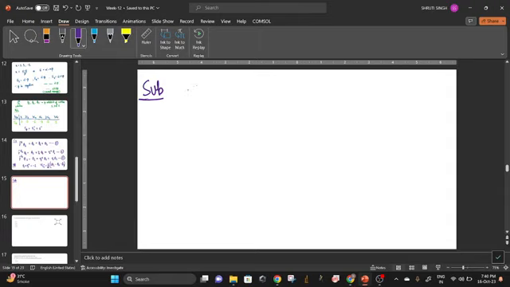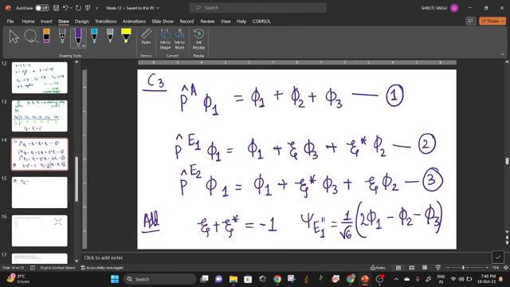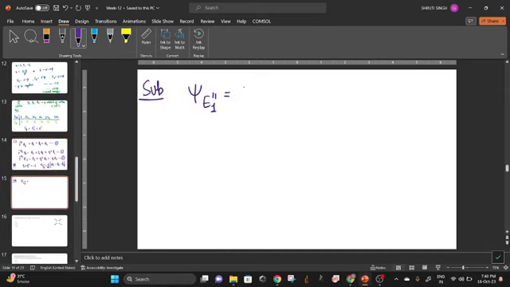So it will be psi e1 double dash, let's keep its name as e2. This will be phi 2 minus phi 3, and the normalization constant will be 1 over root 2.